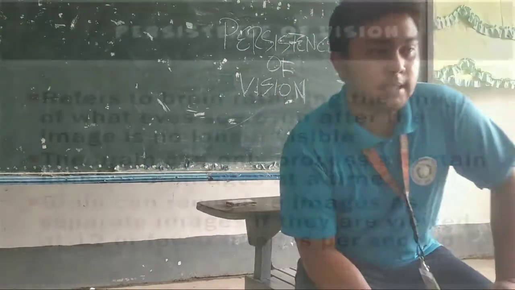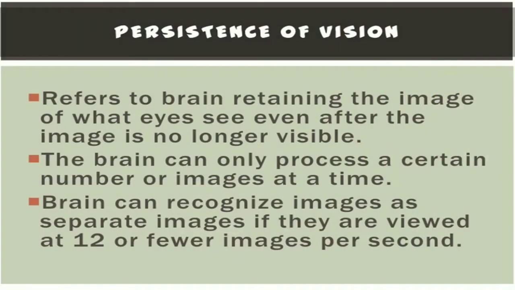Now, persistence of vision refers to the brain retaining the image of what the eyes see even after the image is no longer visible. The brain can only process a certain number of images at a time. The brain can recognize images as separate images if they are viewed at 12 or fewer images per second.